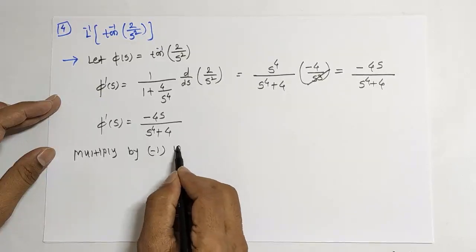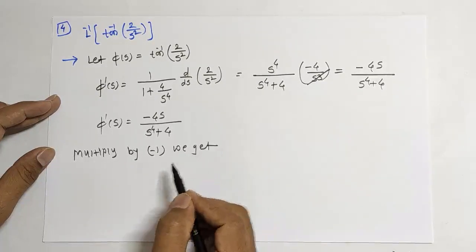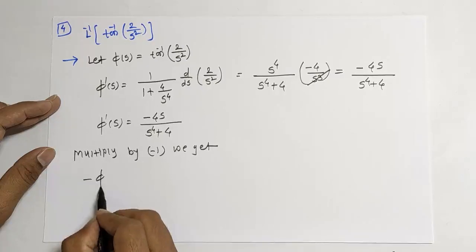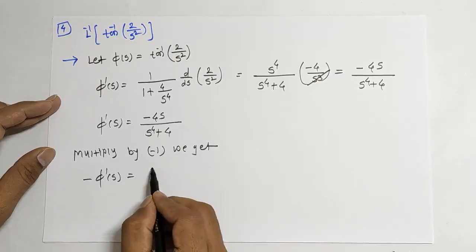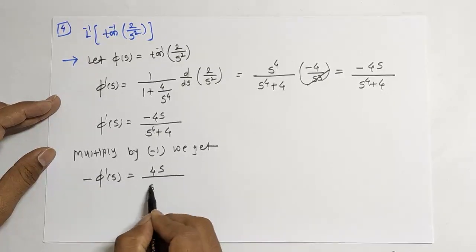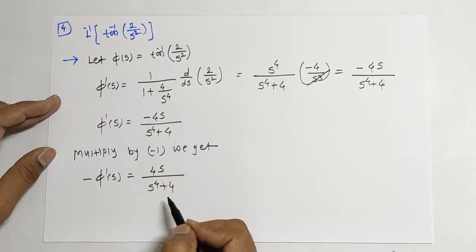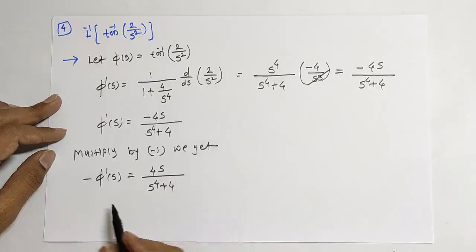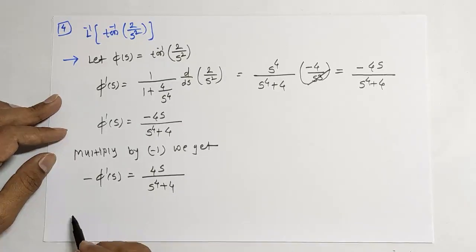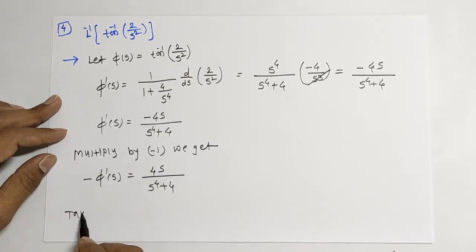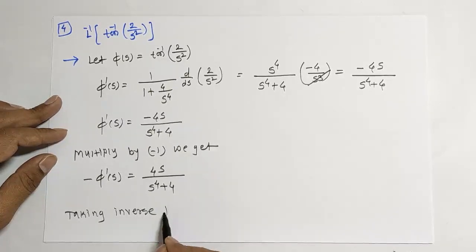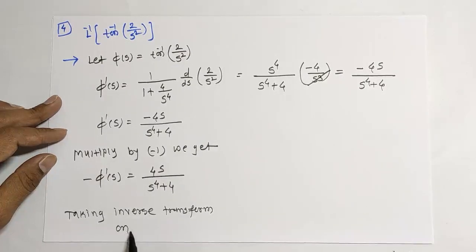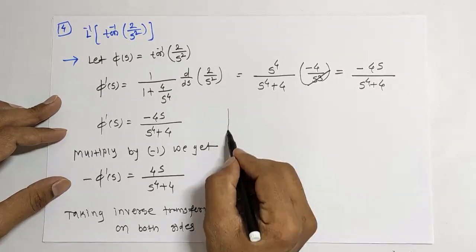Multiply by minus 1, we get minus phi dash of s is equal to 4s upon s raised to 4 plus 4. Okay. So now taking inverse transform on both sides, we get.